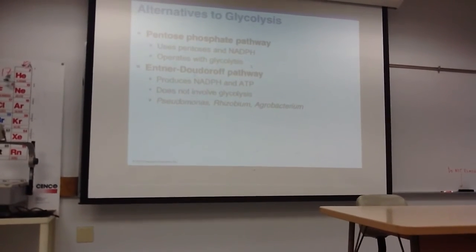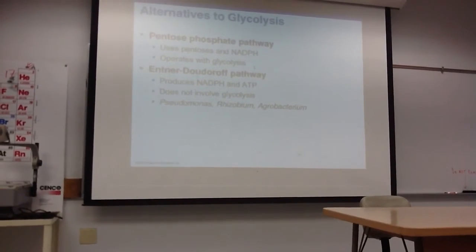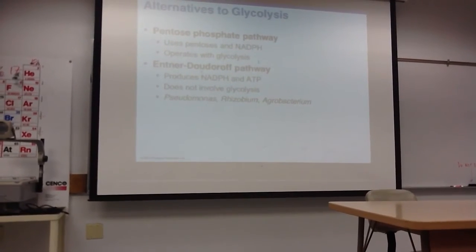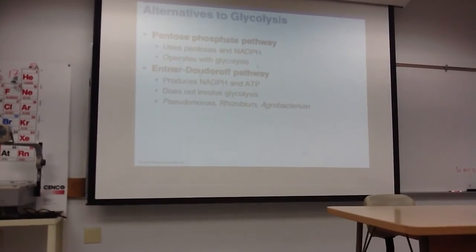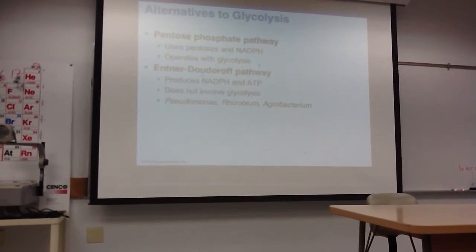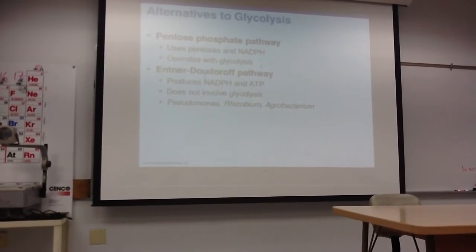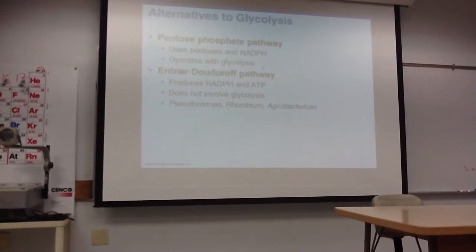Or there are alternatives to glycolysis. At the end of the day, you are going to be breaking down some kind of sugar. The pentose phosphate pathway will break down a 5-carbon sugar, whereas glucose is 6-carbon. So there are different sugars out there like lactose, sucrose, fructose, glucose, dextrose.